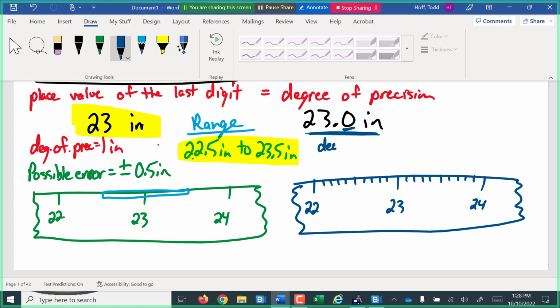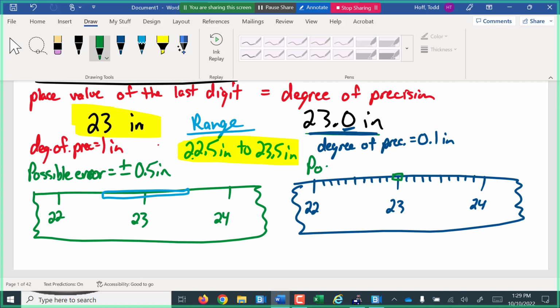It's implying a degree of precision of 0.1 inches, or a 10th of an inch. So what it's saying is, when we measured it, we were capable of going to a 10th of an inch, but it was still closer to exactly 23.0 inches.